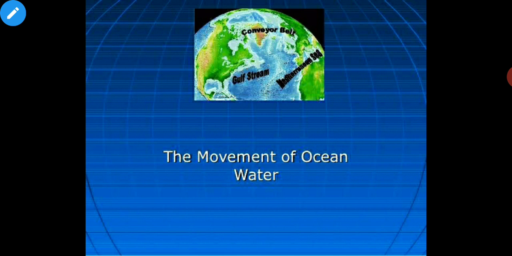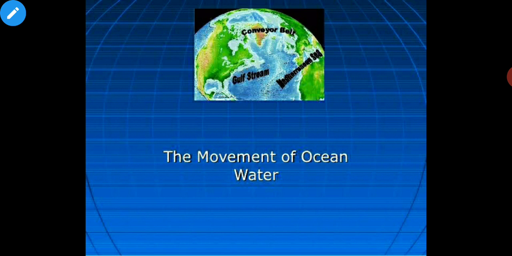When I say vertical movement, it is simply the upwelling and the sinking that takes place, and this is by tides. So vertical movements, we can say there are tides. Then horizontal movements are the currents and the waves.